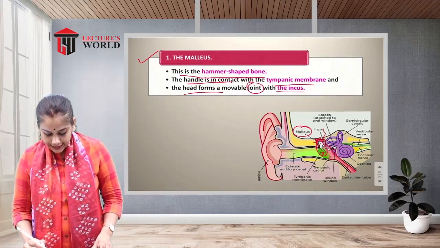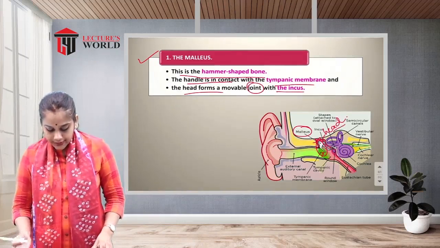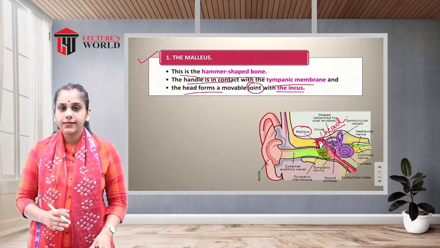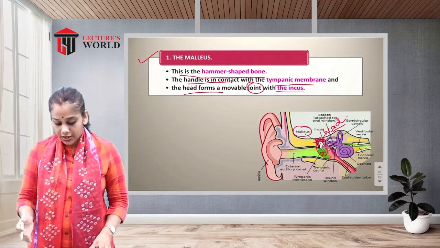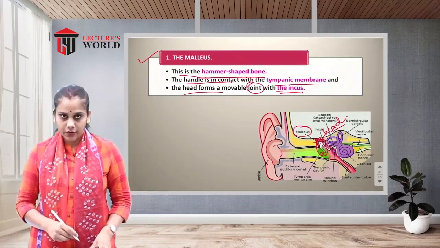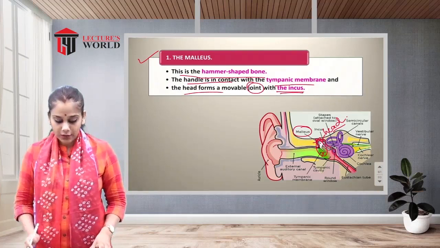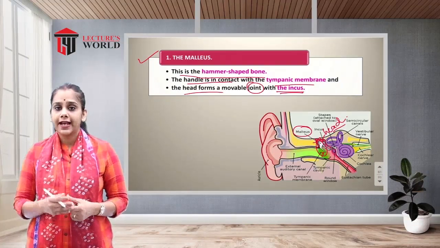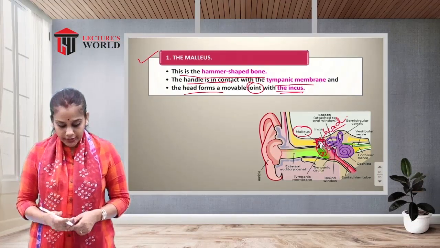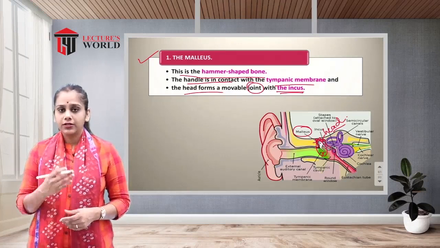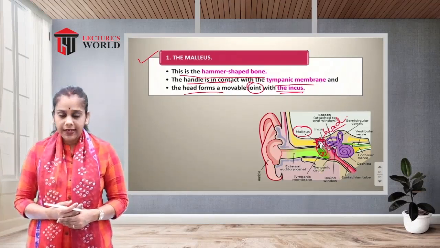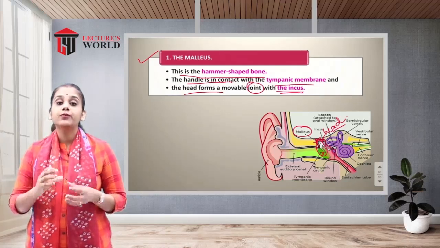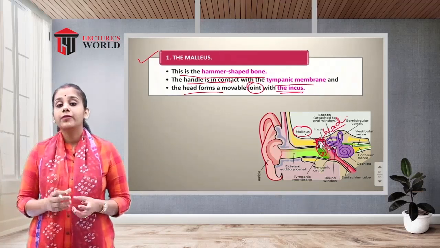See, this is the head of the malleus. It is the second smallest bone. So the malleus looks like a hammer: the handle is in contact with the tympanic membrane, and the head is in contact with the incus, forming a movable joint.